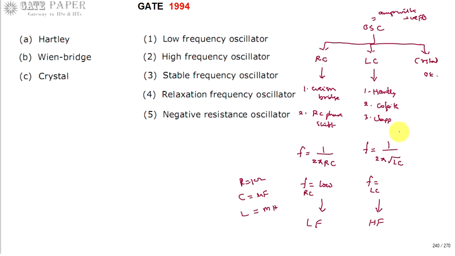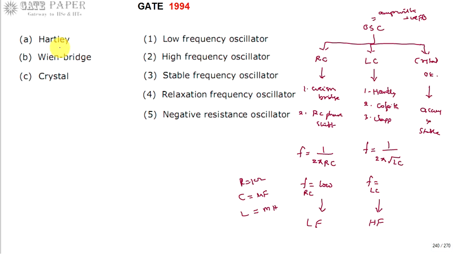And the specialty of the crystal oscillator is that the frequency generated is very accurate, that is, very stable. The output frequency of the crystal oscillator is highly stable compared to other oscillators. These are the important characteristics you must remember. With the help of this you can easily get the answer for this question.